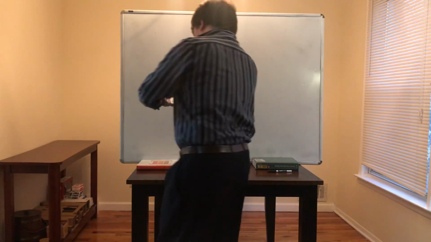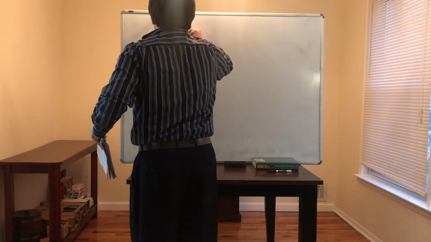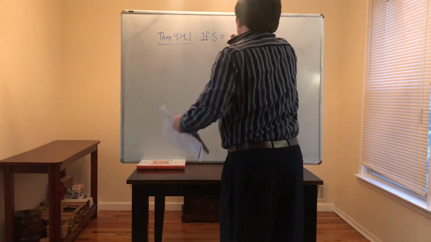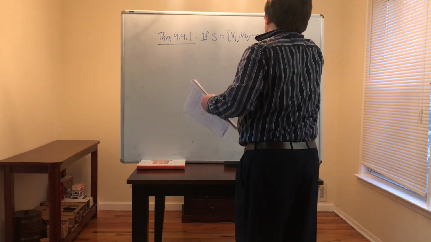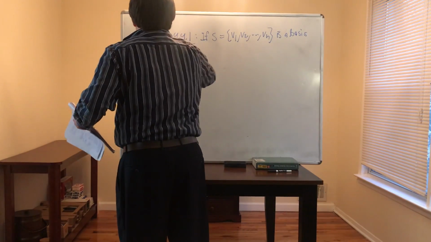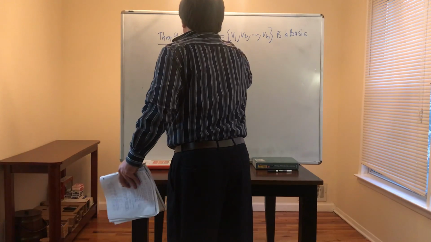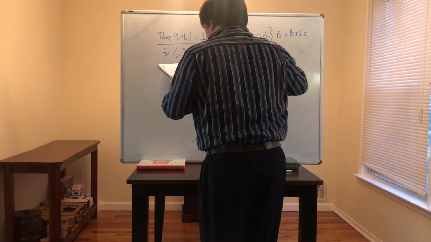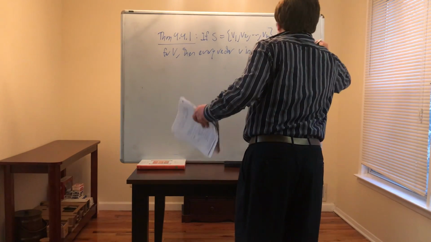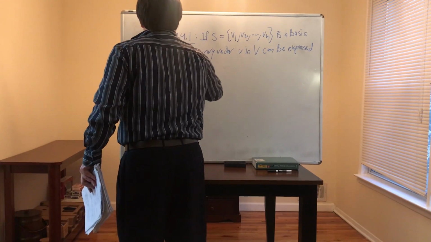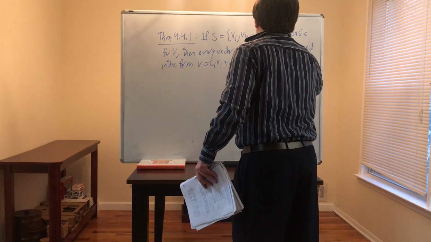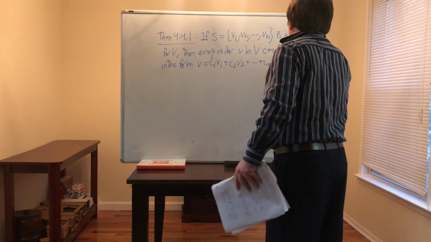Okay, so theorem 4.4.1. If capital S, the set V1, V2, up to and including Vn, is a basis for a vector space capital V, then every vector little v in capital V can be expressed in the form v equals C1 V1 plus C2 V2 plus dot dot dot plus Cn Vn in exactly one way.